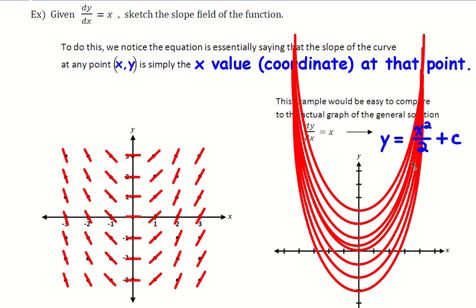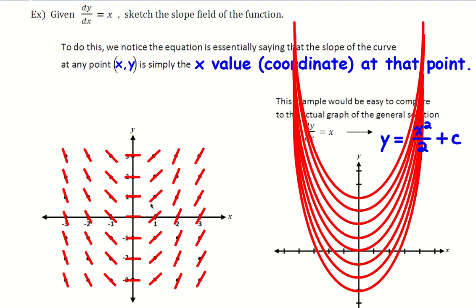It doesn't really matter, but as you can see, now compare all of these different particular solutions with different c values to the slope field. Isn't it kind of matching up a little bit?